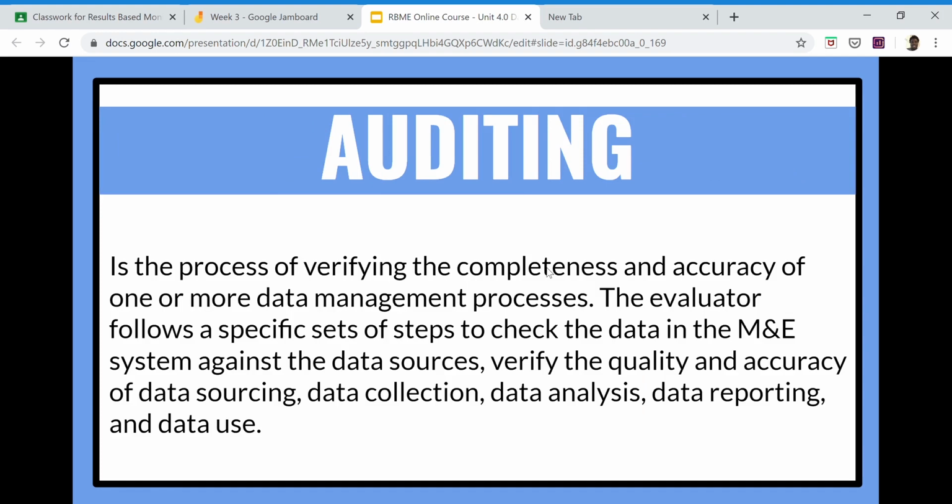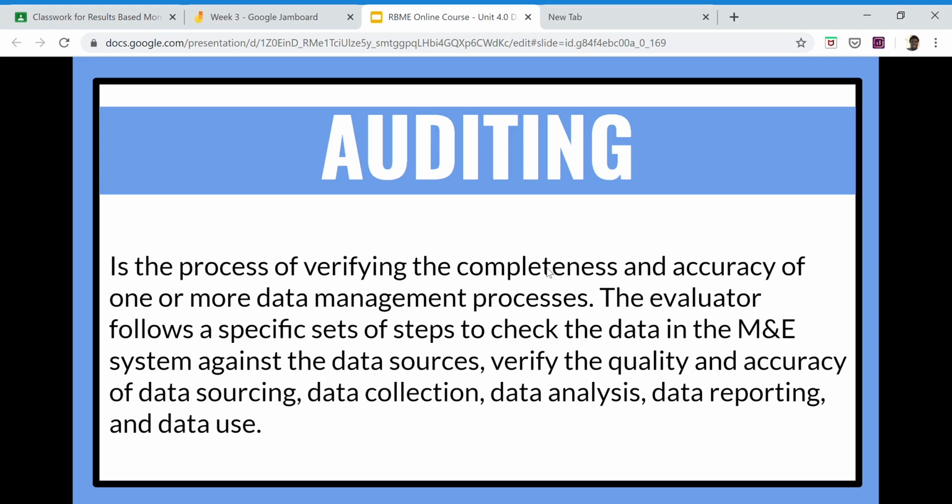When you talk about data auditing, it focuses on the 6 data management processes in an M&E system. So, in essence, what does it focus on?